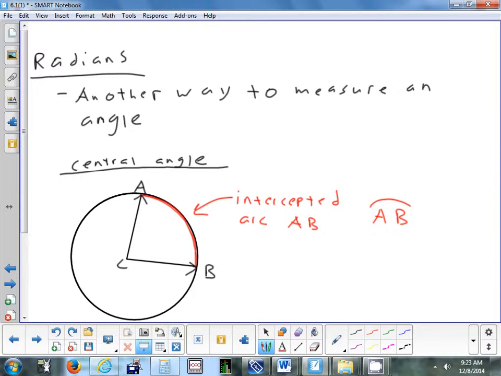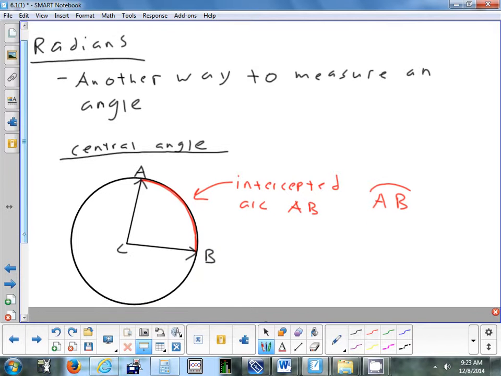All right, so first thing we'll take a look at in this picture. Okay, I've drawn a circle, and I've drawn what's called a central angle. That's an angle drawn inside a circle. The vertex is right at the center. And the two rays come out and intersect the circumference, or the perimeter of the circle, at 2 points.